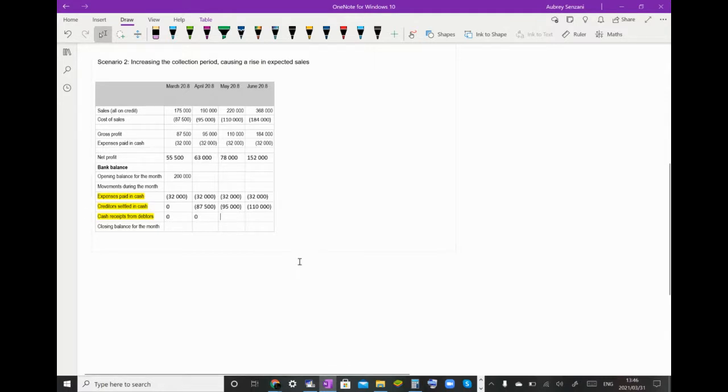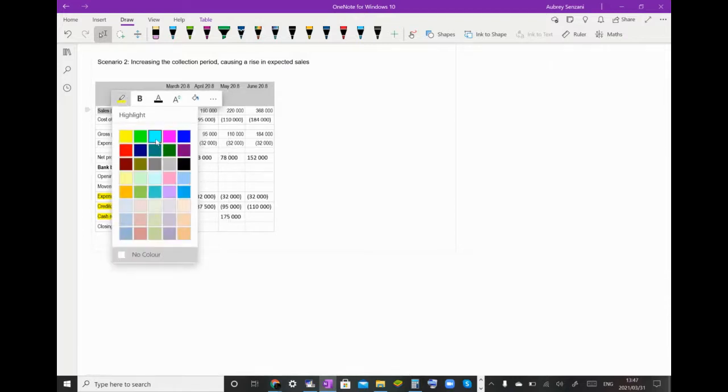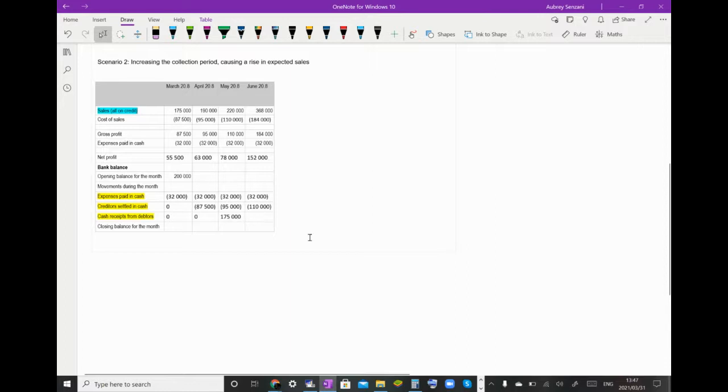Only in this month do we receive 175,000, because all of the sales are on credit. I'll put that in light blue. Then here it's 190,000. We've done it.